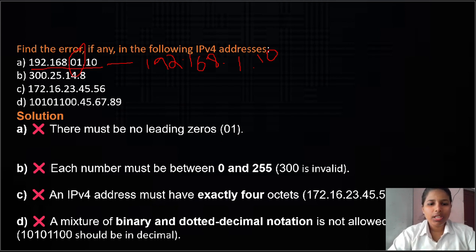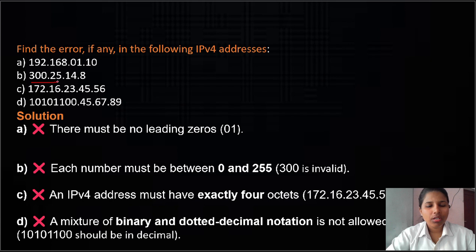Next, the next question is 300.25.14.8. Do you see any mistake or error in this? There are no leading zeros in any octet, so I hope you find it.